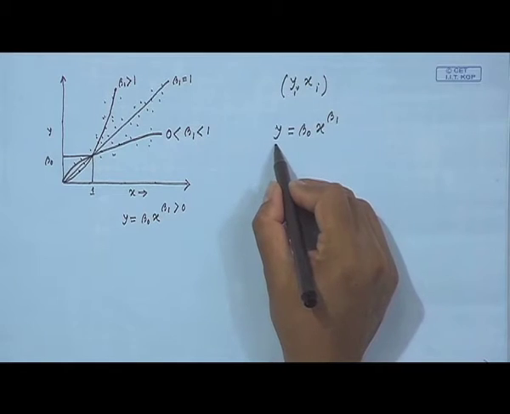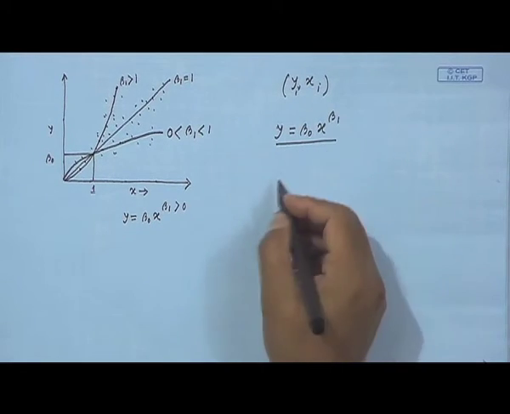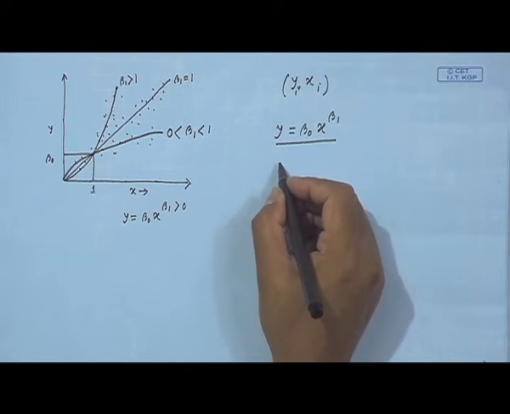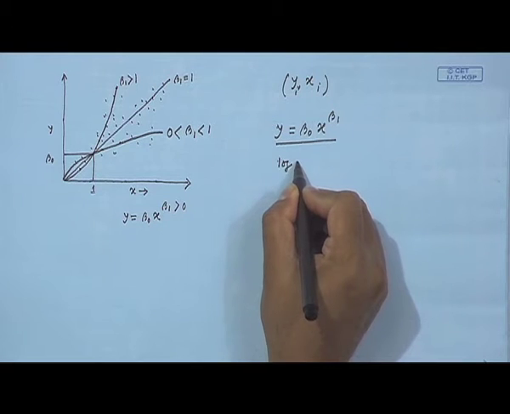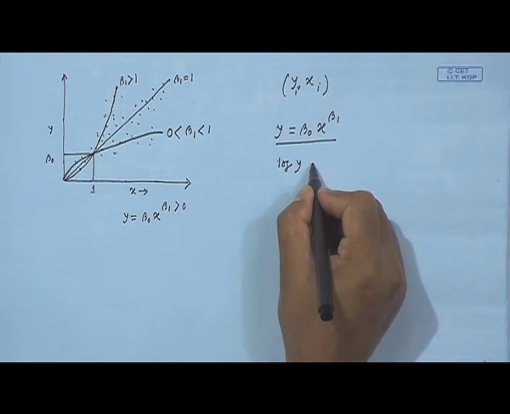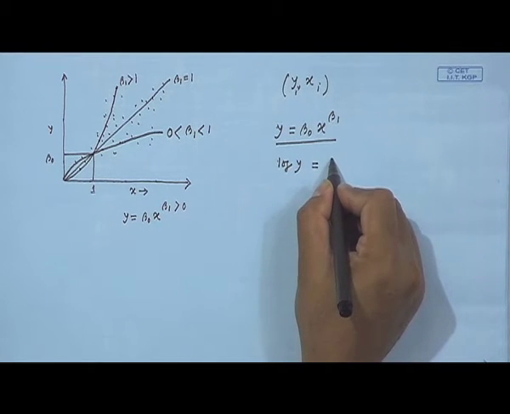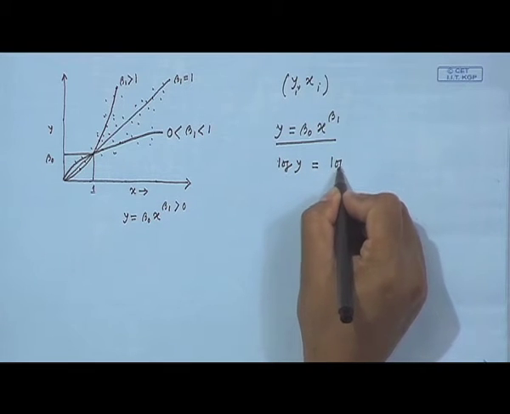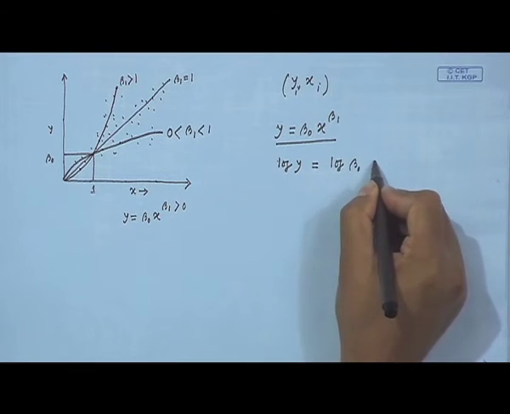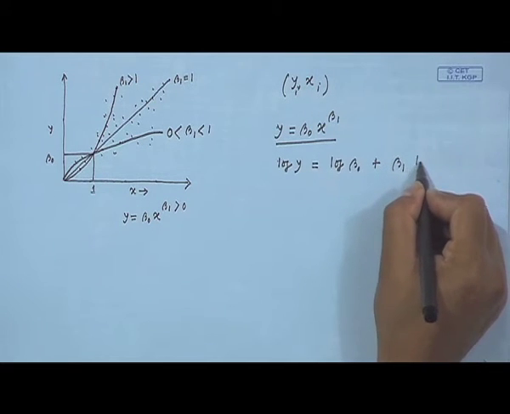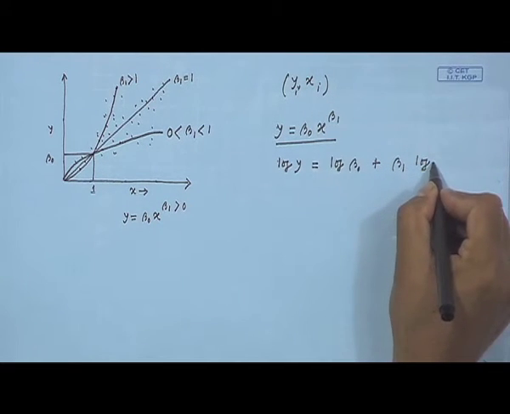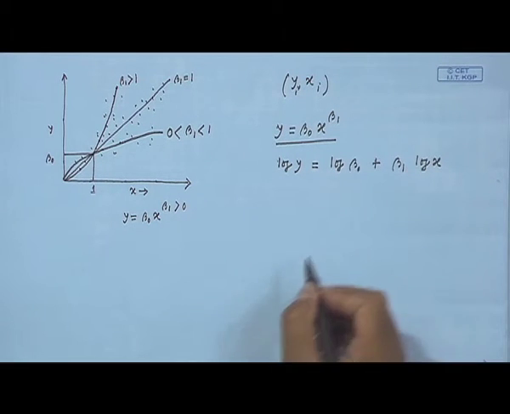So, this one is also a linearizable function, because you can easily make it linear by taking the log function: log y is equal to log beta naught plus beta 1 log x. Okay.